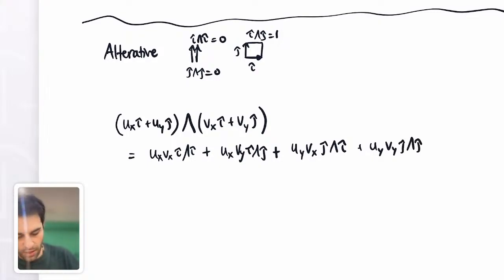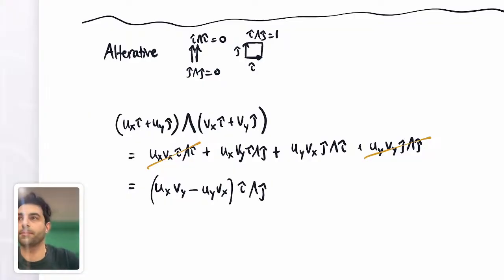Now as you can see, this goes to 0 and this goes to 0 because they don't count as anything. And since the area is assigned, this would just become uxvy minus uyvx, i wedge j. That's kind of the idea. Do you all see that?